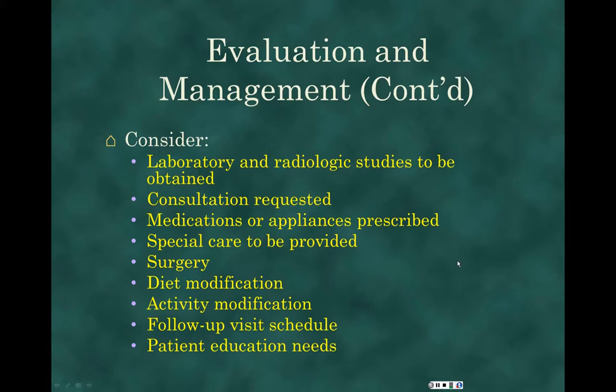In your evaluation and management, you're going to consider the laboratory and radiological studies, consultations requested, medications or appliances prescribed, special care to be provided, surgery, diet, activity modifications, follow-up schedule, and patient education needs.